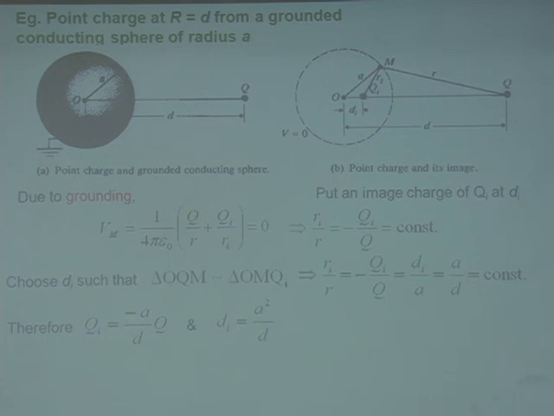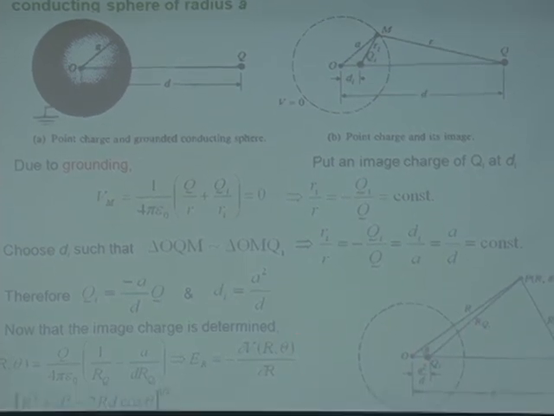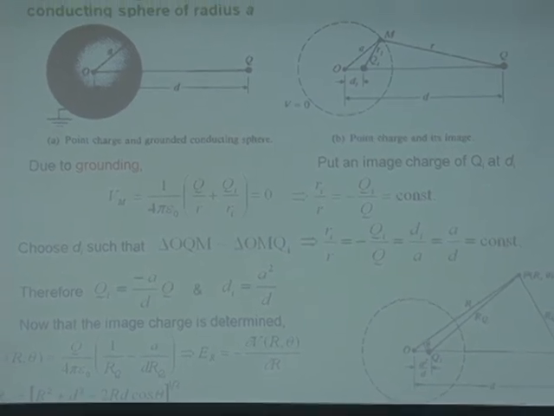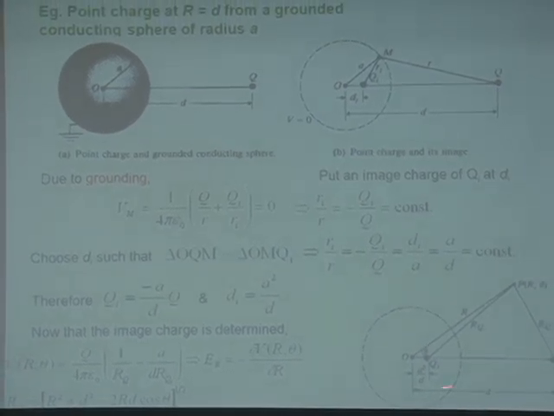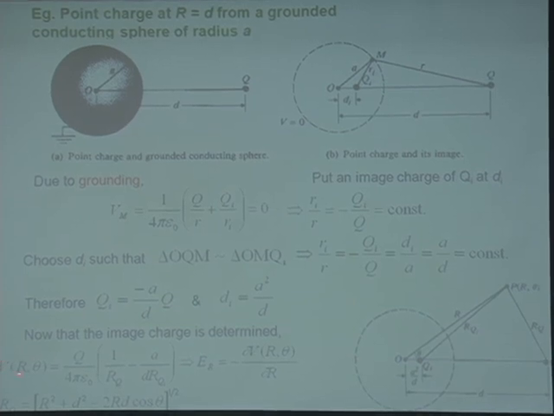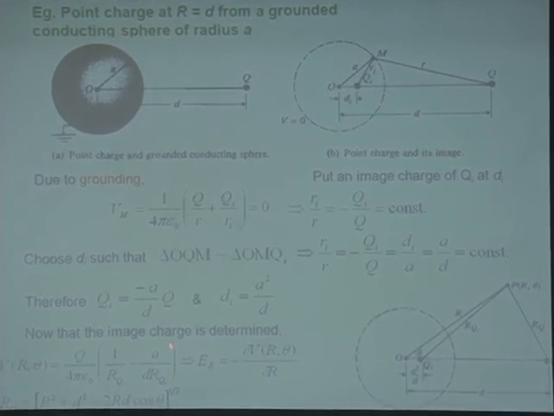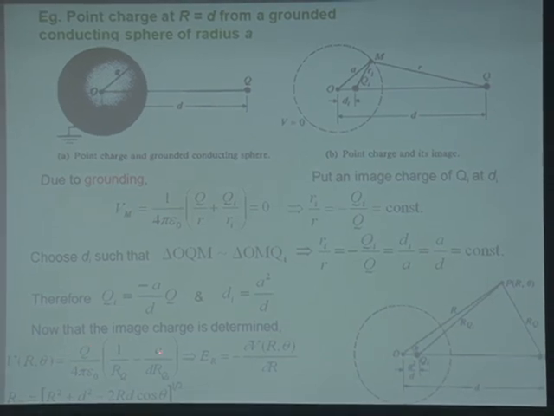So now the whole problem becomes a two-charge problem, not a complicated boundary problem. If you want to get the electric potential, you just sum over these two terms with the appropriate charge for the image charge.